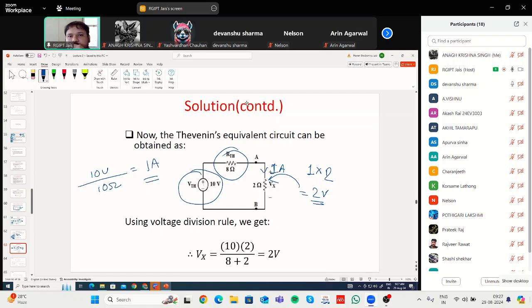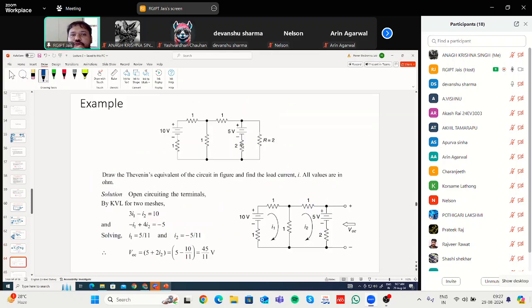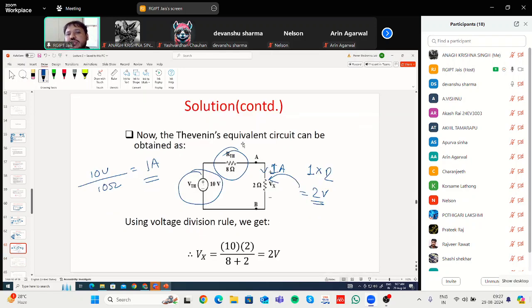Okay. Now, if you have any doubt, we will move to a bit more complex problem. But if you know this particular way of solving, then everything will be easier. So let me just revise the steps. The first step will be removing the load resistance. So in place of the load resistance, there will be an open circuit.